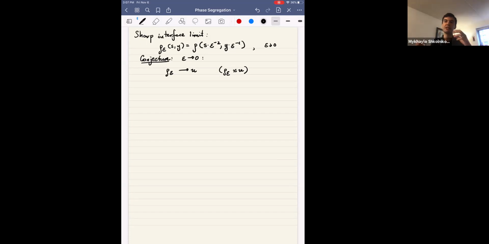And so today we will be talking about the resolution of this conjecture, so the mathematical proof of it. If you think about the gap between the formal asymptotics and the rigorous proof, there are two main obstacles, 1 and 2, to the rigorous proof.